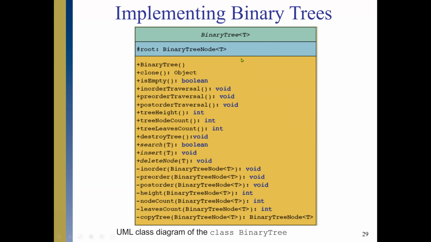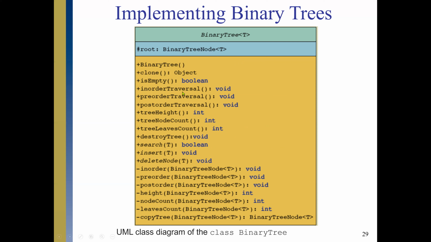Now, this is our main implementation, which has almost the same methods, but this time we have our instance variable. Here, the root is a binary tree node. The type is T, so a generic type. So we have the binary tree constructor. We have the clone. We can check if it's empty.